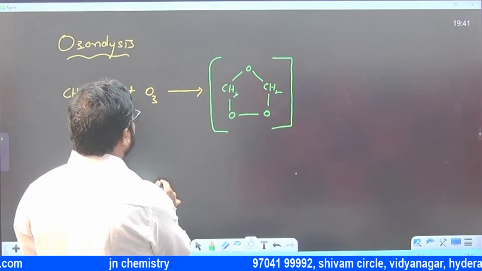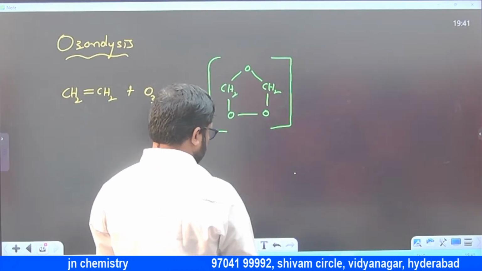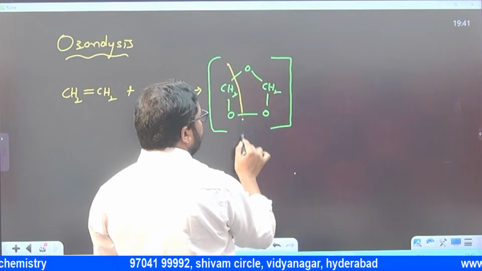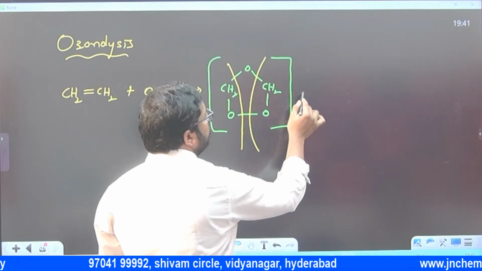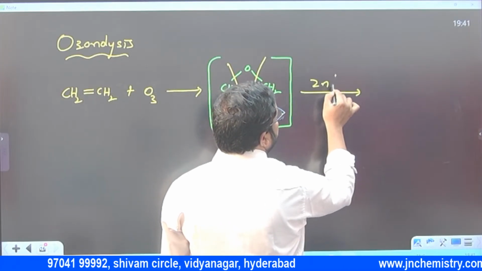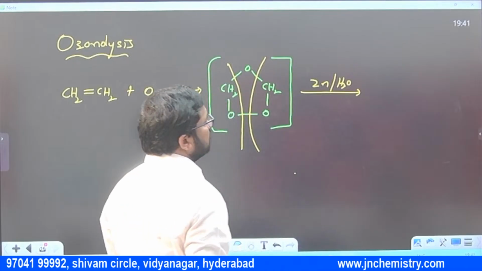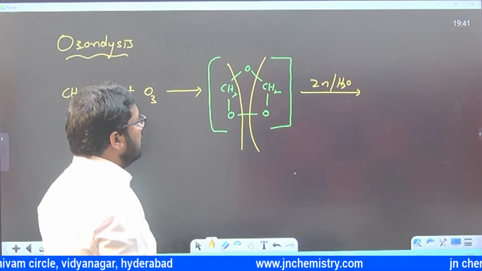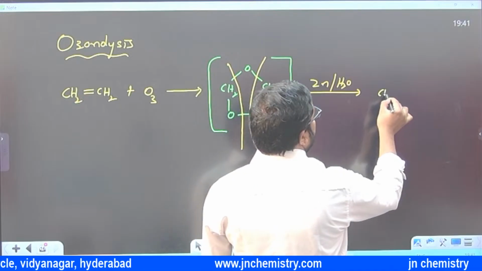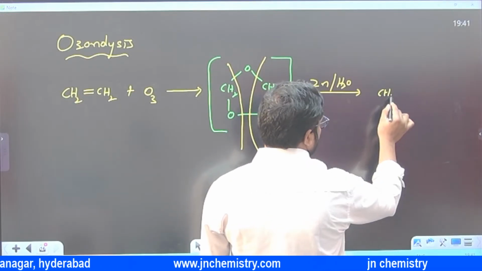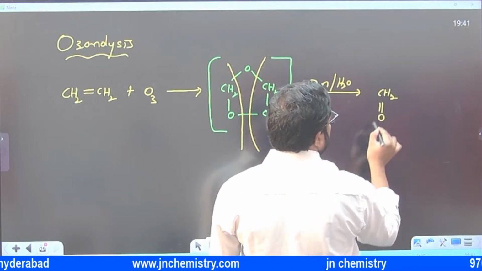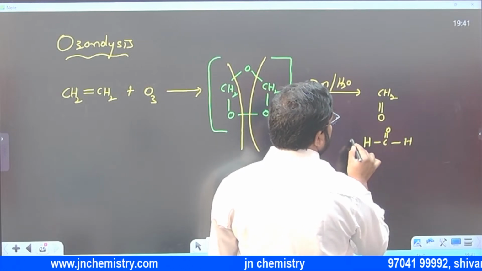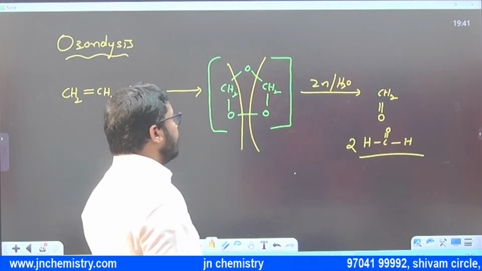Now, actually we can break the bond like this when we are using zinc in presence of water. ZnO is going out. We will get CH2 double bond O, 2 moles, nothing but 2 moles of formaldehyde.